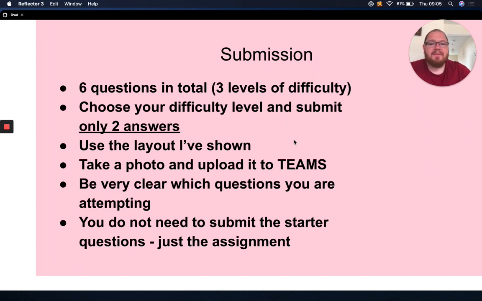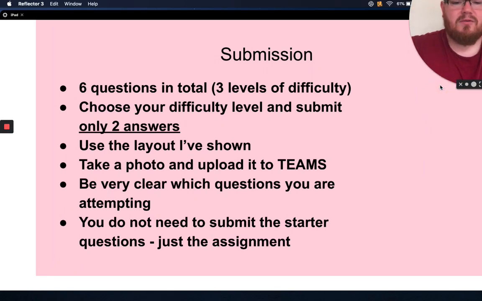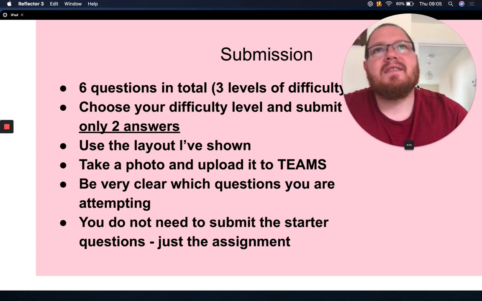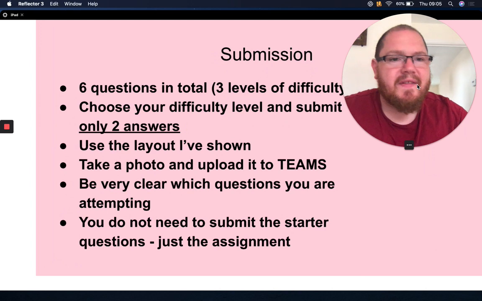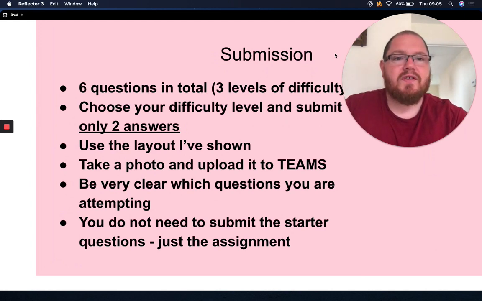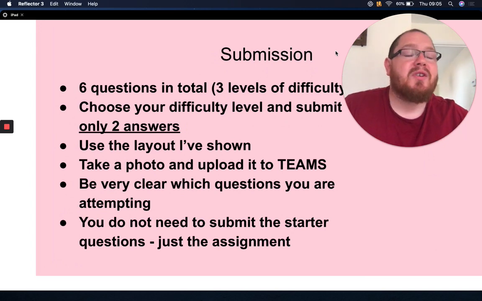So it says there, take a photo and upload it to Teams. Be very clear which questions you are attempting. Some of the work we've marked is quite difficult to see where the assignment questions are. You can see that you've gone through the video, it's all good, copying along with the video, but it's quite difficult then to read where the actual questions are.